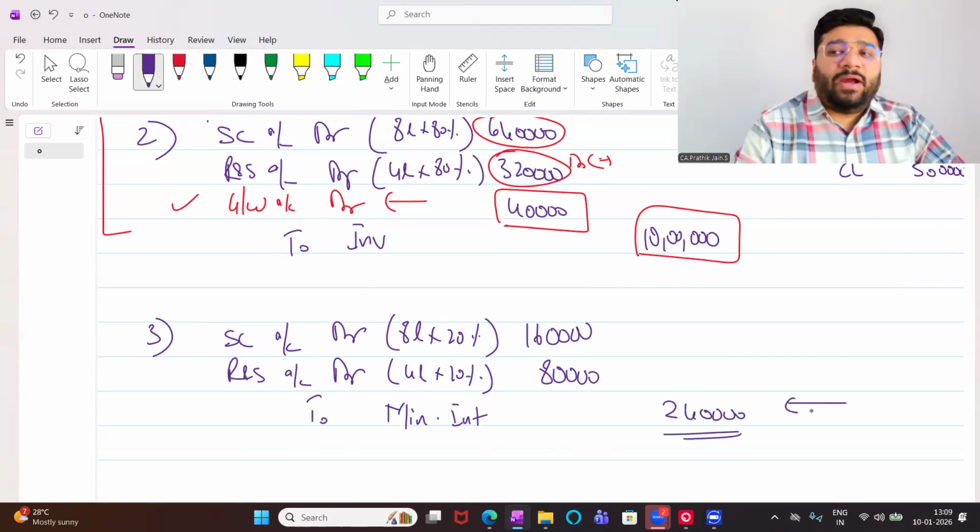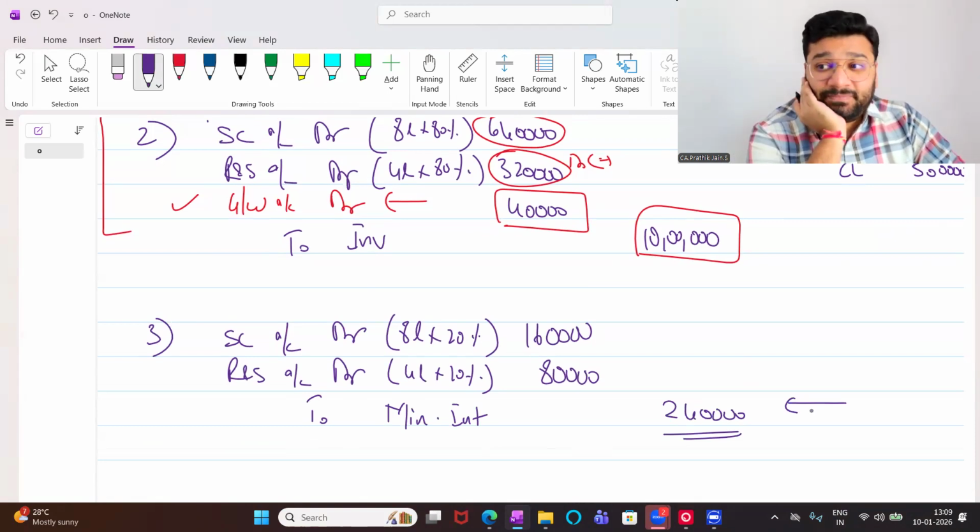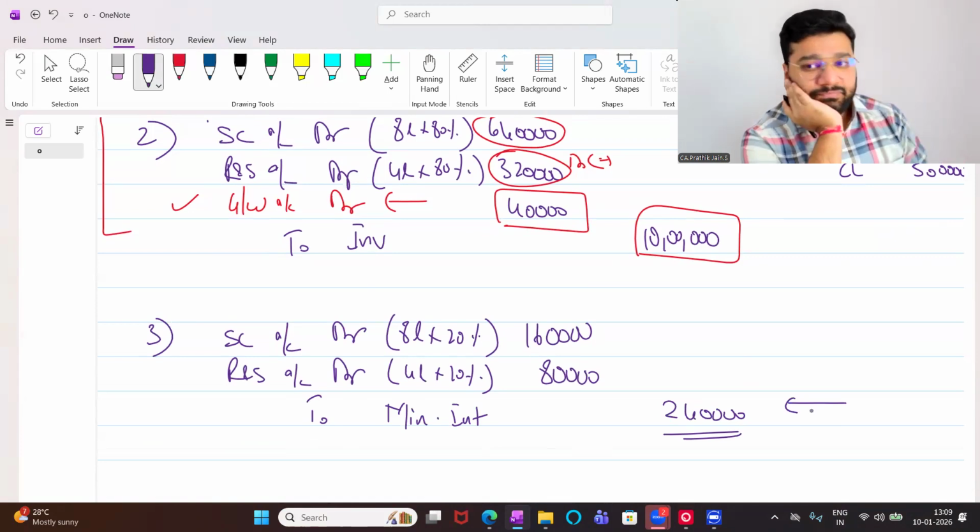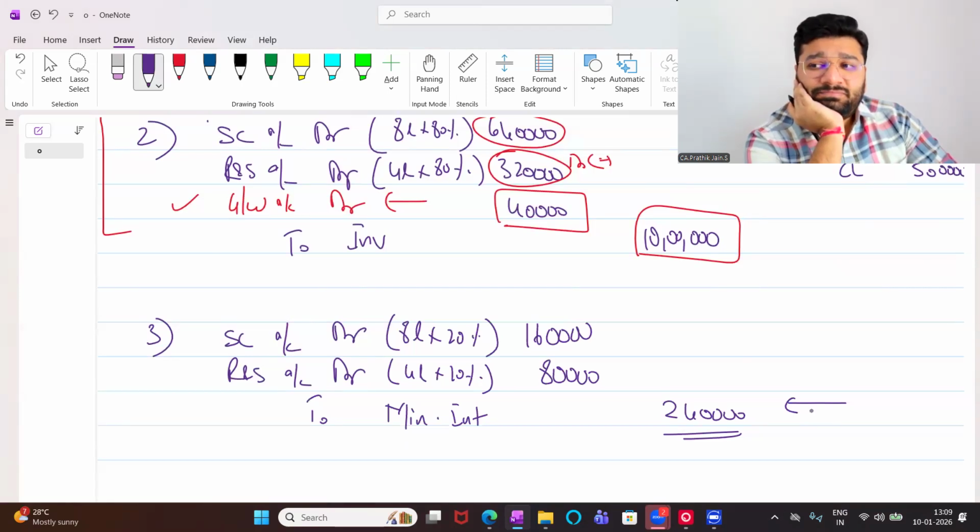So can somebody explain why we have passed this entry? You tell me what you understood by this entry. Why did it get created? 80% here, but 20% we owe as minority interest. But why do you owe it?